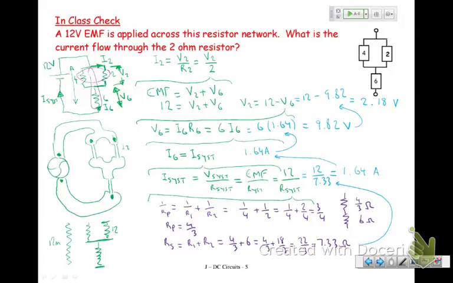So now we come up here and we take that up here, and that equals 2.18 over 2, which equals 1.09 amps.